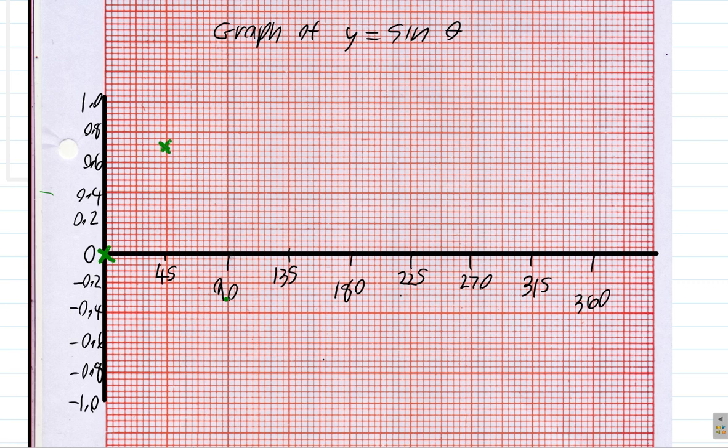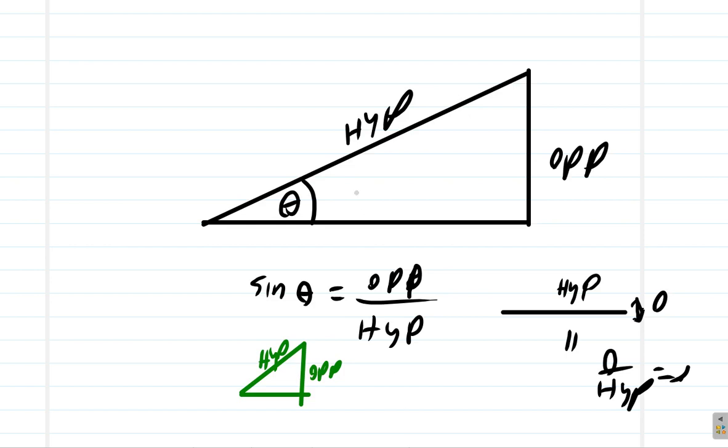Now, let's look at 90 degrees. What would be the sine of 90 degrees? In that case, our triangle would look like this because the angle is 90 degrees. And remember, angles are measured in an anti-clockwise direction, right? Positive angles generally measured in an anti-clockwise direction.